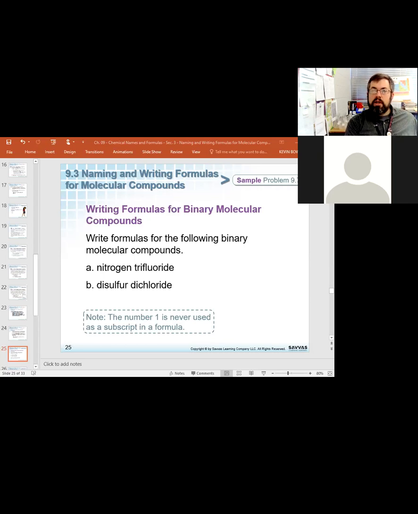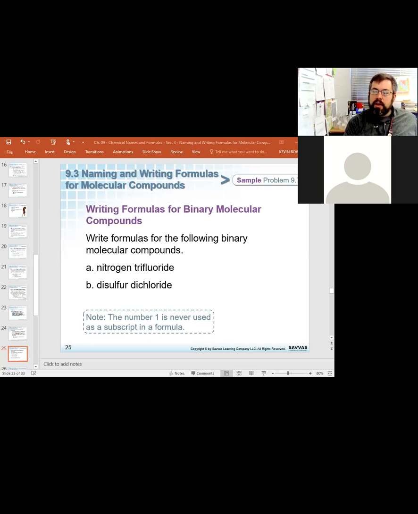If it's wrong, it's wrong. You're not being graded here. So, in any case, nitrogen trifluoride is going to be NF3. Now, if we could do subscripts on Zoom chat, then I would want that 3 to be smaller. But there you go.